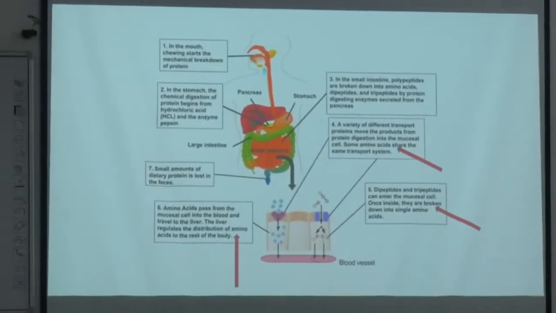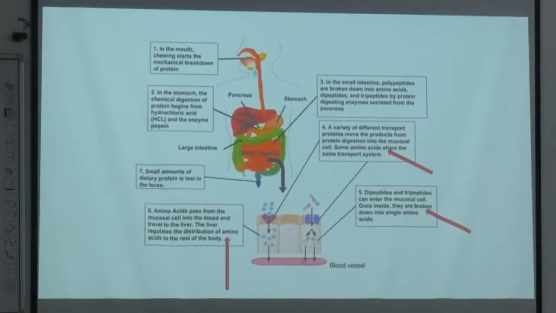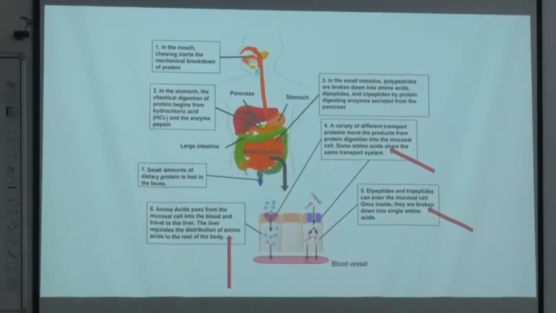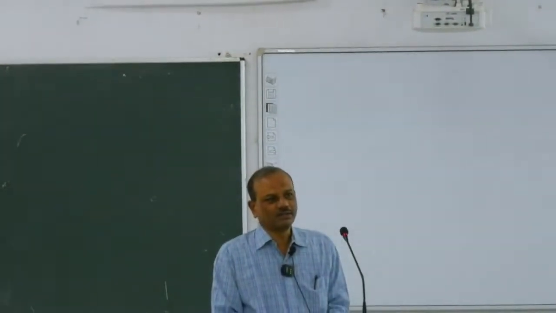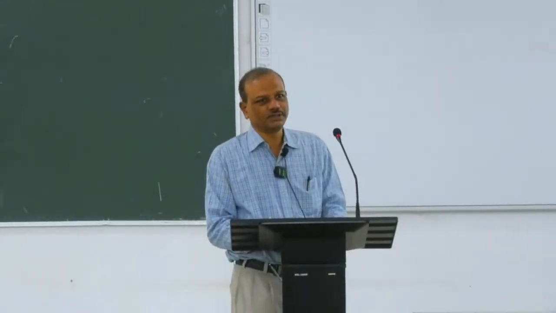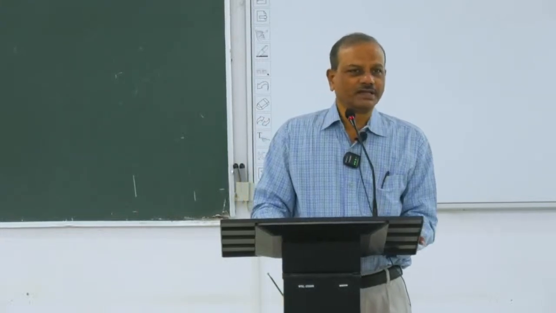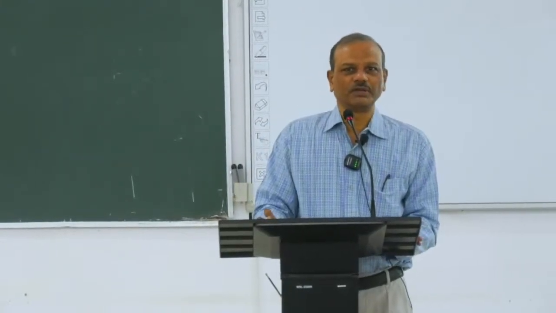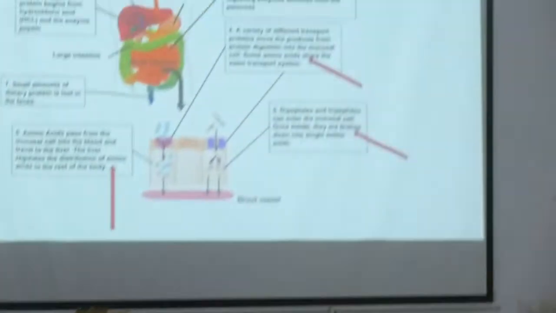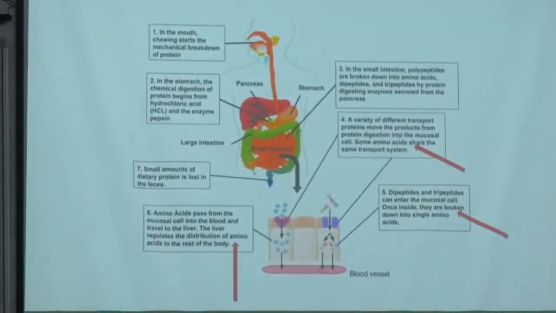At the same time, we mix it with liquid and then we swallow it. Normally, the duration of stay in the mouth is for a very small period. And in the oral cavity, we have only one enzyme, that is amylase.